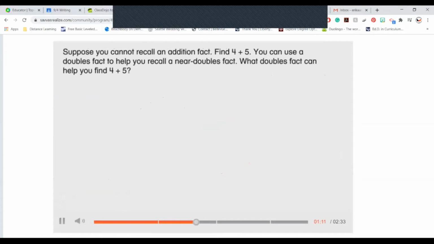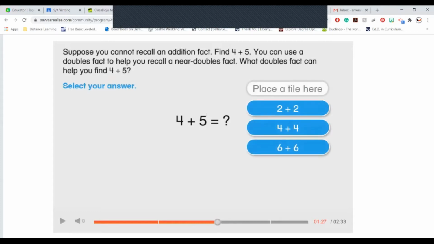Suppose you cannot recall an addition fact. Find 4 plus 5. You can use a doubles fact to help you recall a near doubles fact. What doubles fact can help you find 4 plus 5? Select your answer. Okay, let's see. 2 plus 2, well, 4 is 2 more and 5 is 3 more, so that's not very close. 4 plus 4, well, 4 is 4, and 5 is only 1 more than 4, so I think that one's got to be the closest.